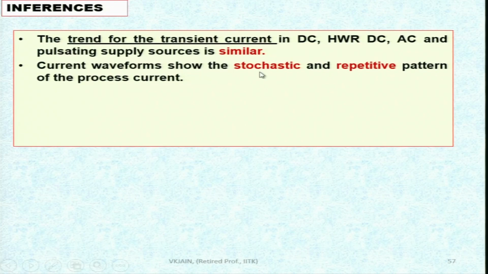It is stochastic in nature, and it depends upon how the bubbles are generated between the workpiece and the electrode. The electrode may be cathode or the anode, and it depends on the condition of the surface of the workpiece.